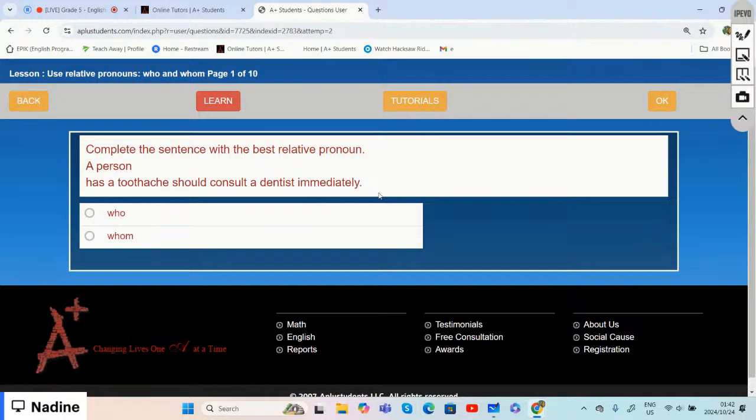And we said a person, do we say who or a person whom has a toothache should consult a dentist immediately.